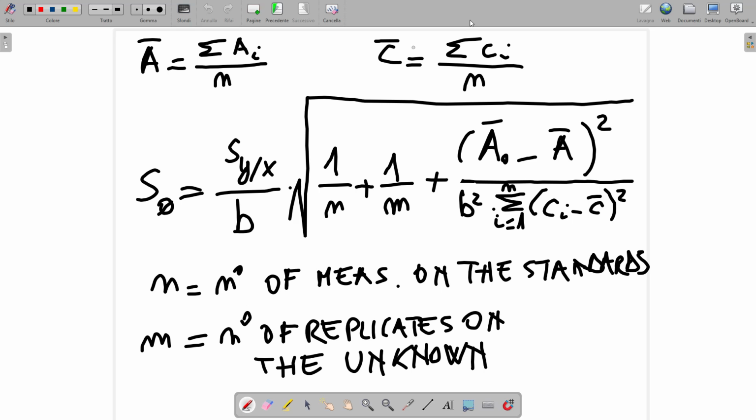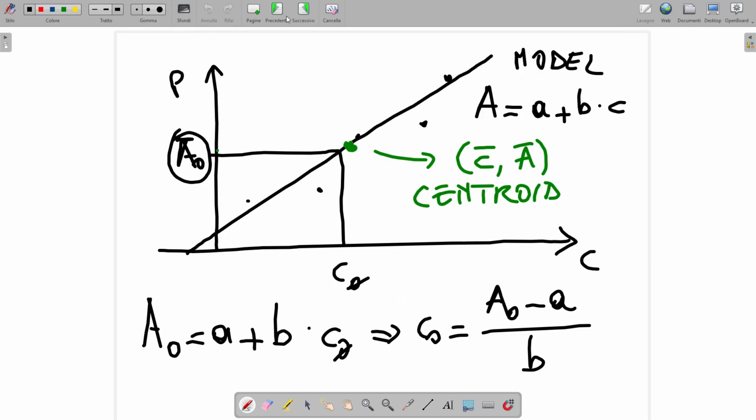A0 average in this plot is the average value of the area for the unknown sample. So I have taken the unknown sample, I have measured it several times, and I take the average of these areas of the unknown. A0 is this.